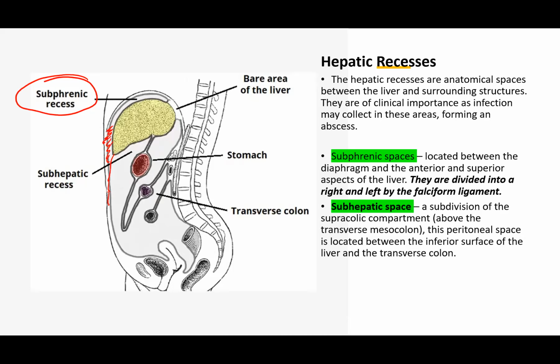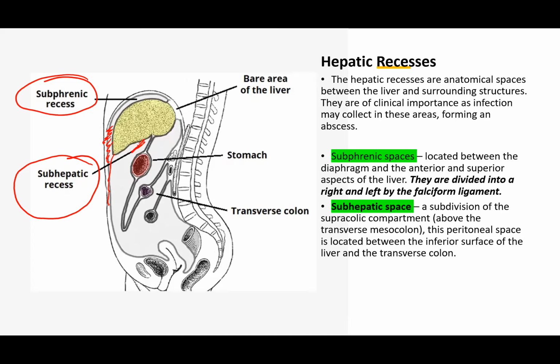Then you have the subhepatic space, a subdivision of the supracolic compartment, that is above the transverse mesocolon. This peritoneal space is located between the inferior surface of the liver and the transverse colon.